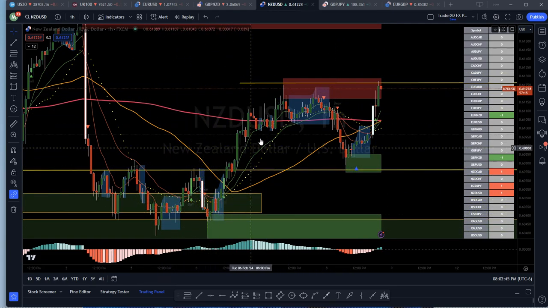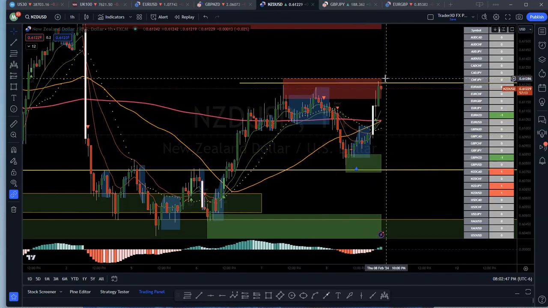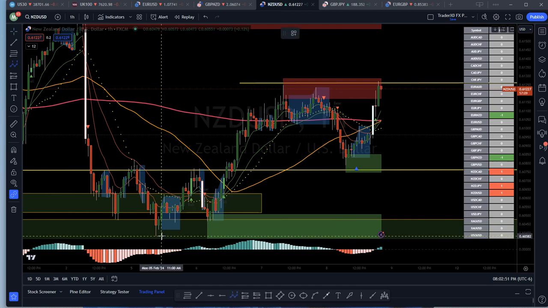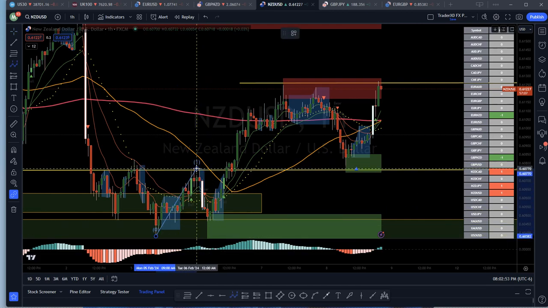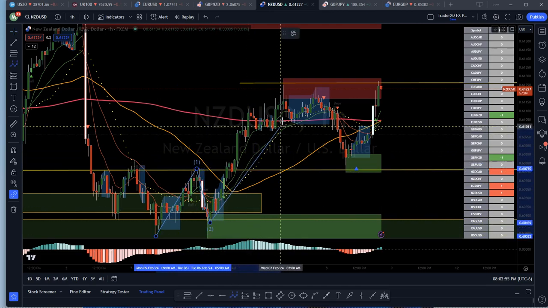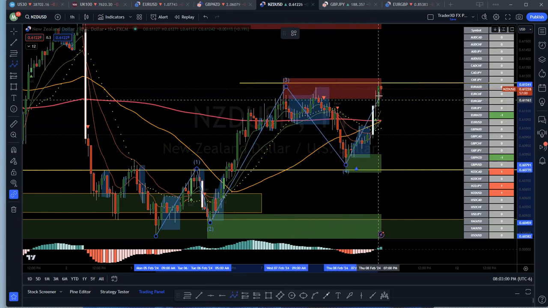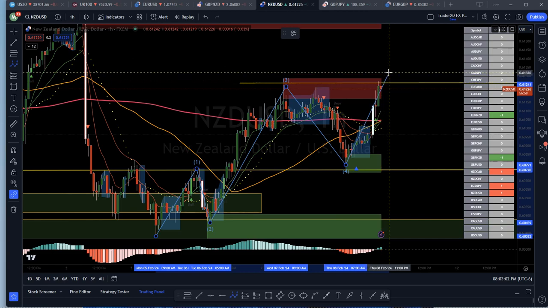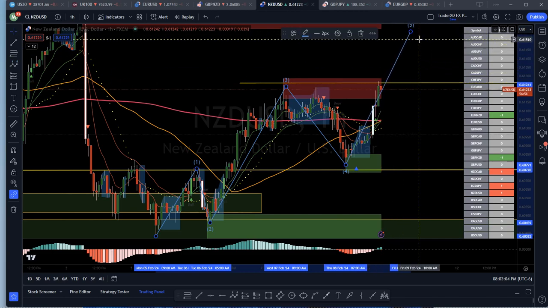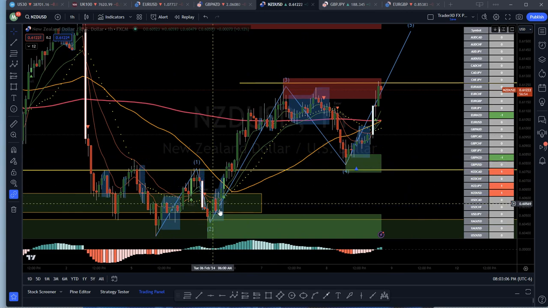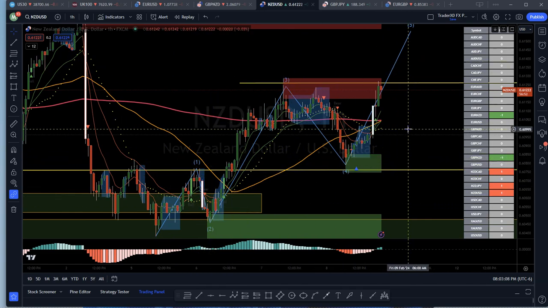Wave 1, wave 2, wave 3, wave 4, wave 5, okay? Wave 1, wave 2, 3, let's say 4, fourth point. Make it up there, okay? Like that. 1, 2, 3, 4, 5. That's how I'm seeing this.